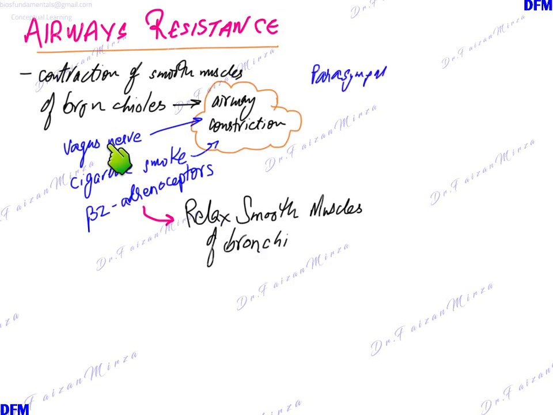So the effects of the vagus nerve and cigarette smoke in constricting airways can be reverted by the use of a beta 2 adrenoceptor agonist, which stimulates the beta 2 receptors, so the airway constriction can be released. Similarly, parasympathetic activity can also lead to airway constriction by the release of acetylcholine.